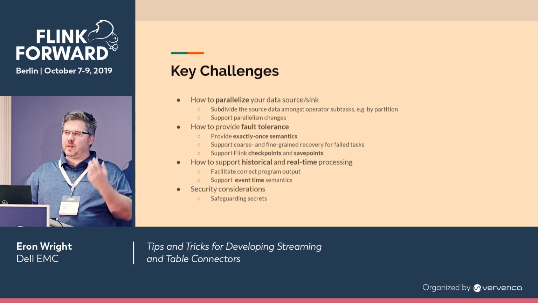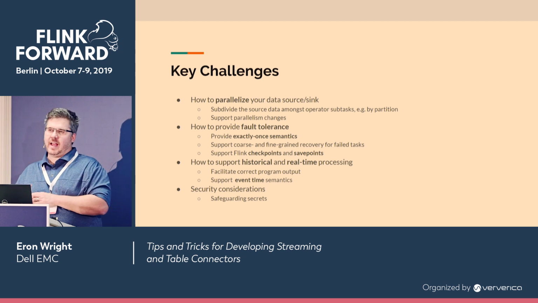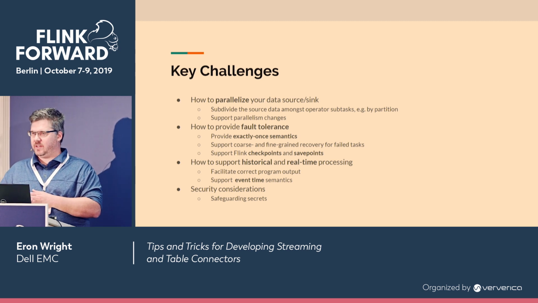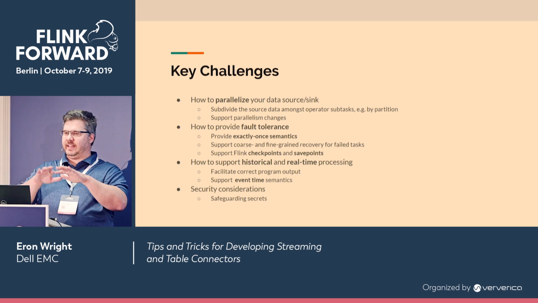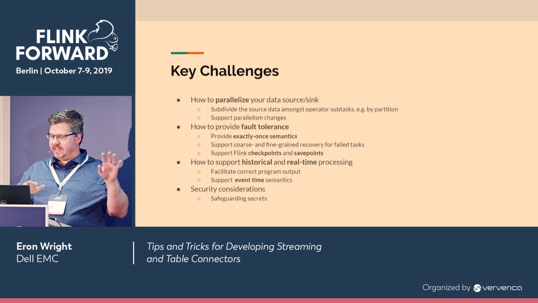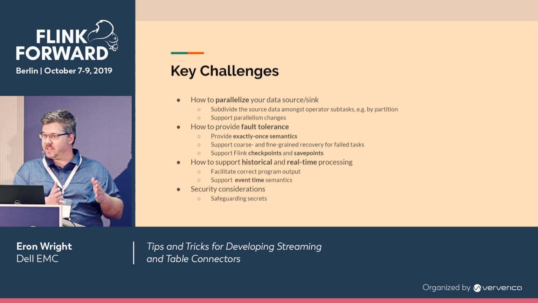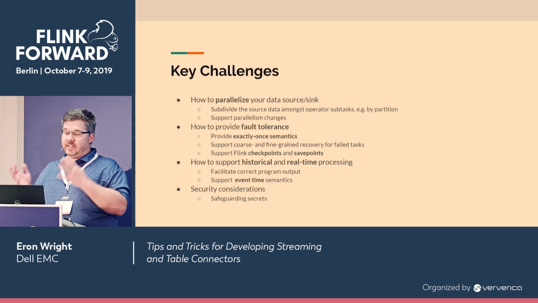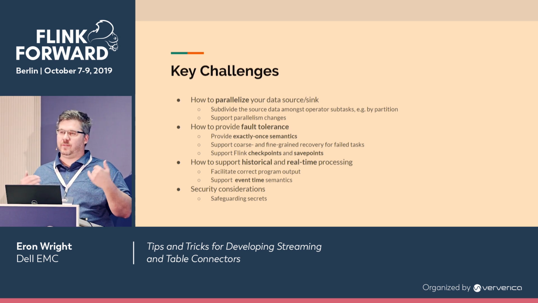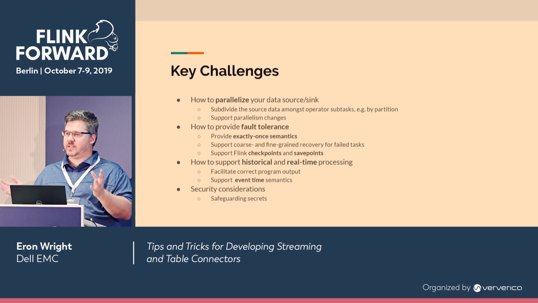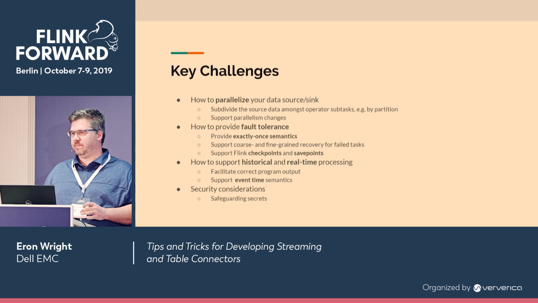So when you are developing a connector, here's 4 things you really want to think about. 1, how will you parallelize your data source or sink? Which means subdividing that source data into partitions or something that will be assigned to operator subtasks. Ideally, you can support parallelism changes, since, as you know, a Flink job might change the parallelism over time for your source.